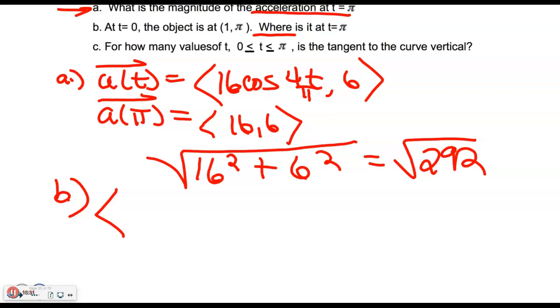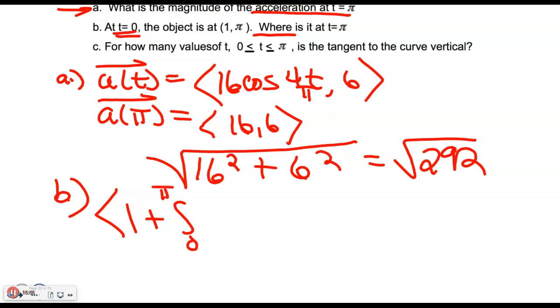All right, guys. So I want to know where it is at time t equals pi. The first thing I do is I say, well, I'm already 1 to the right. I'm not memorizing a formula. Plus, then I'm going to be displaced, which is my antiderivative of velocity. And then I have to look at what my time frame is. I'm going from 0 to pi.